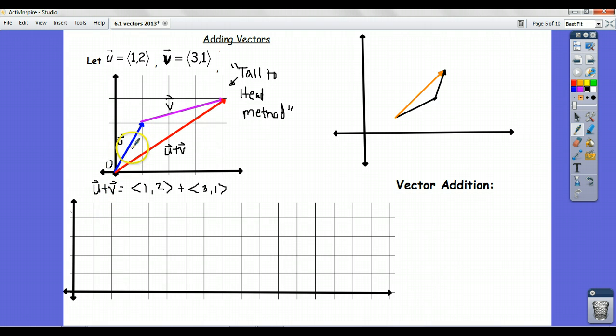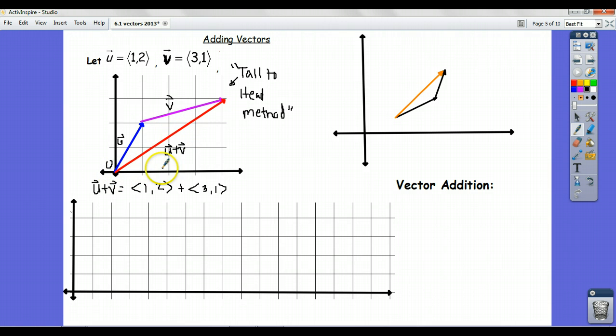To add two vectors, you take the first one and the second one, and you line up the second one such that its tail is the old one's head. And where you end up, the head of the second vector, if you draw a line from the tail of the first vector to the head of the second, that is the vector that results from adding them.